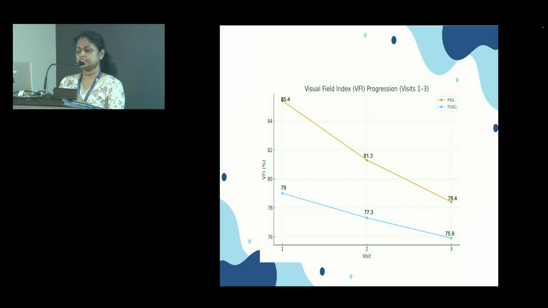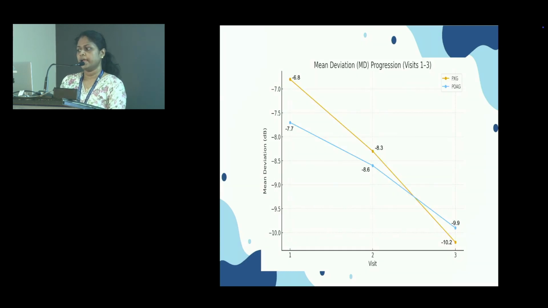Comparing the intergroup comparison, the p-value was less than 0.001, indicating a significant decline in pseudoexfoliation patients compared to primary open angle patients. Similar curves were obtained for mean deviation progression. In the pseudoexfoliation group, it declined from minus 6.8 to minus 8.3 and then to minus 10.2 with a significant p-value of less than 0.001.